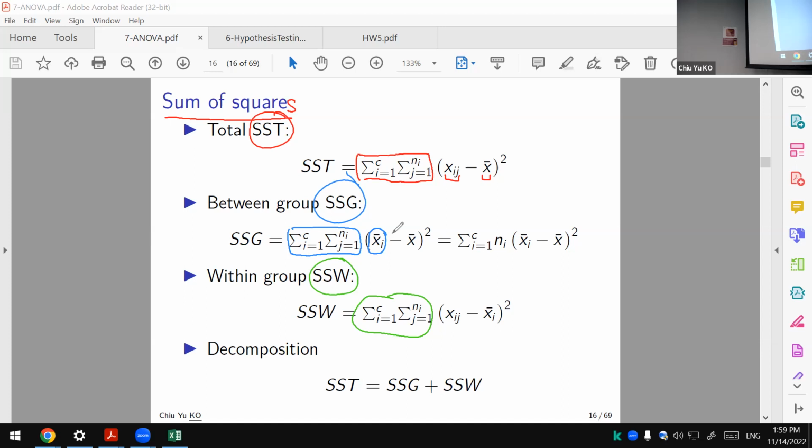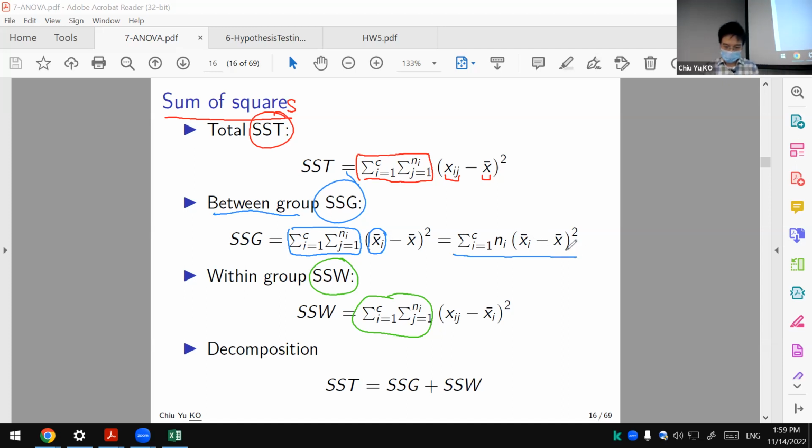Because there's no individual difference among the students within the same college, same grouping. So that's why we are measuring the variation between groups, right? There's no more within variation. People within the same group share the same value. So that's why it's called SSG.